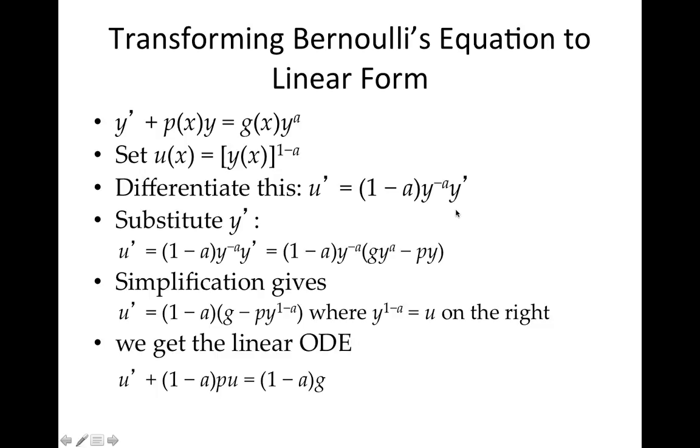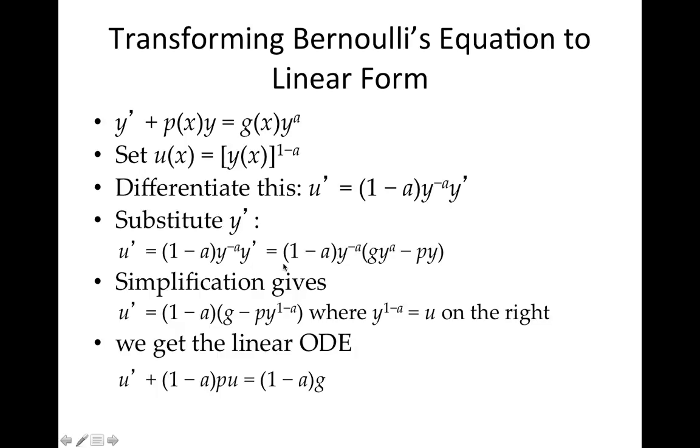Now notice that here we could solve for y prime. So we have a relationship between y prime and u, and we have a relationship between y and u. So if we come back to our original differential equation, I want to come back to my equation for y prime, and I'm going to substitute what y prime is equal to for this y prime in my u expression.